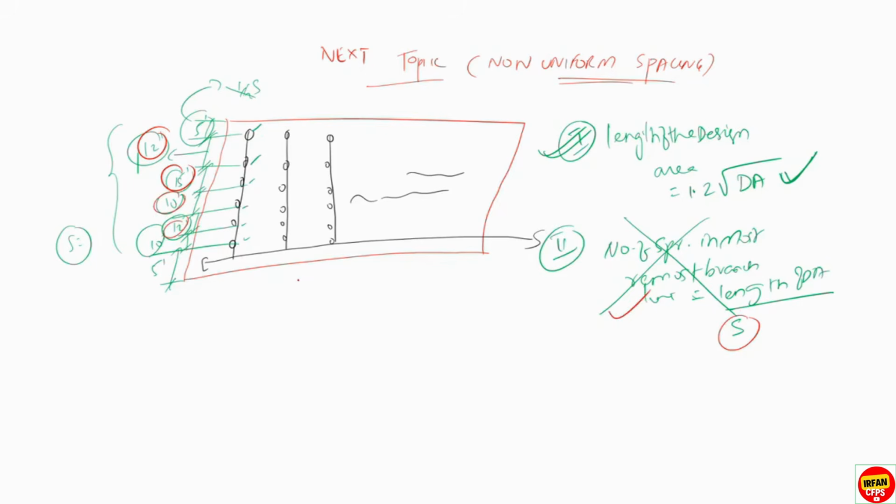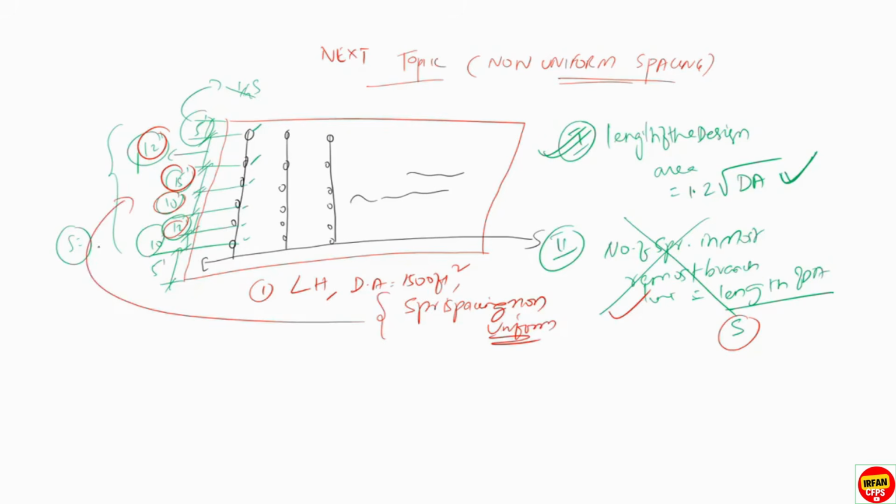Now let's consider an example. Example of light hazard. The design area for light hazard is 1500 square feet minimum requirement, and the sprinkler spacing is non-uniform. The first step, as I already told you, is the same formula.